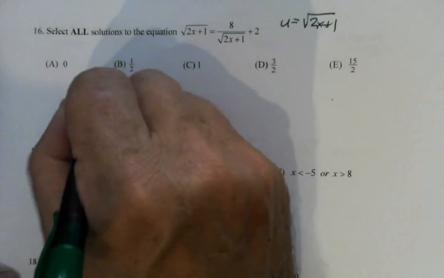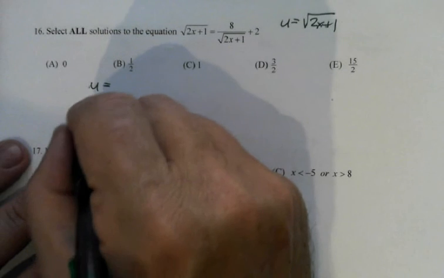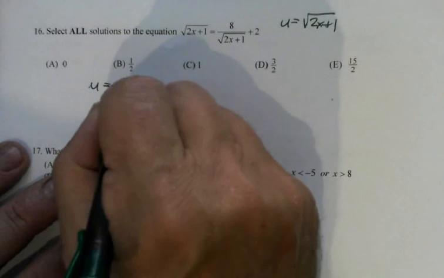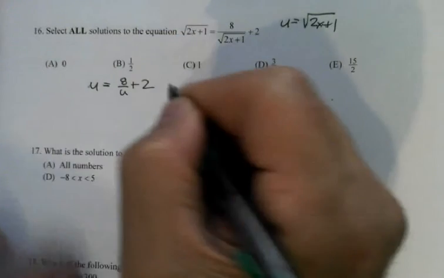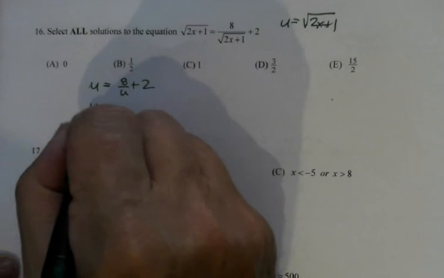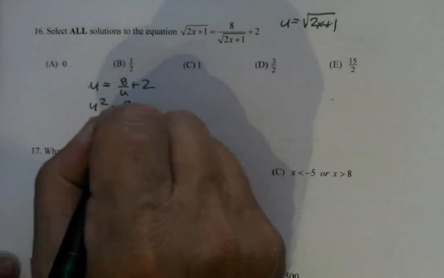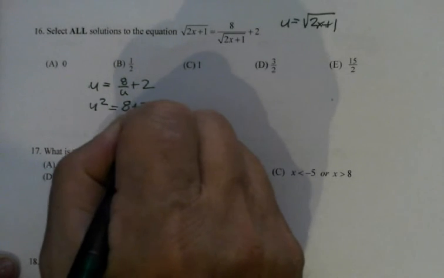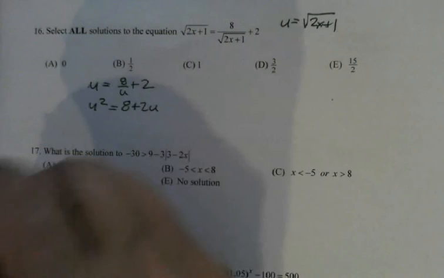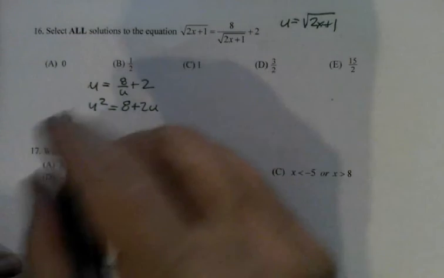So we've got u is equal to 8 over u plus 2. Now multiply both sides by u, just to clear fractions, so u squared equals 8 plus 2u. I need to move everything to one side so we can factor it.